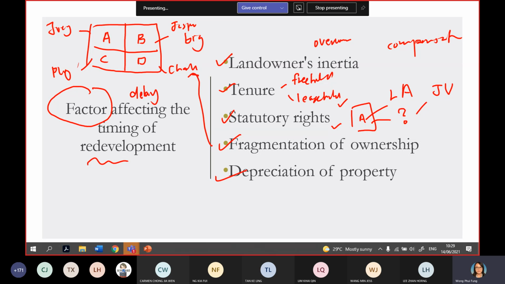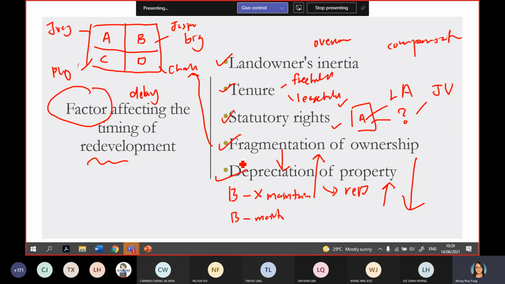Last but not least, depreciation of property. If we didn't maintain the building very well, the depreciation will be faster. Correct or not? If we didn't maintain the building, the depreciation will happen very fast, which means the redevelopment will be faster. On the other hand, if we maintain the building very well, depreciation will fall and the redevelopment process will be very slow.